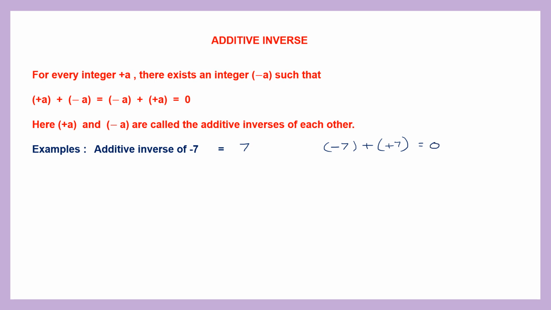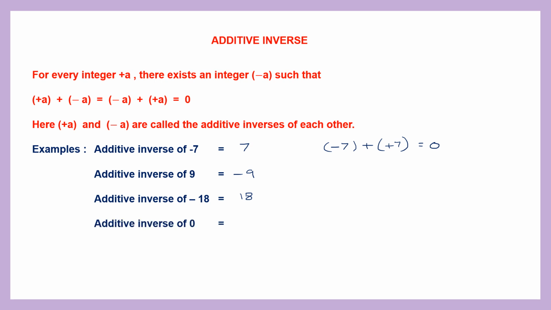So in this case, the additive inverse of negative 7 is 7. Next, the additive inverse of 9 will be negative 9. The additive inverse of negative 18 will be positive 18 or just 18. The additive inverse of 0 is always 0.